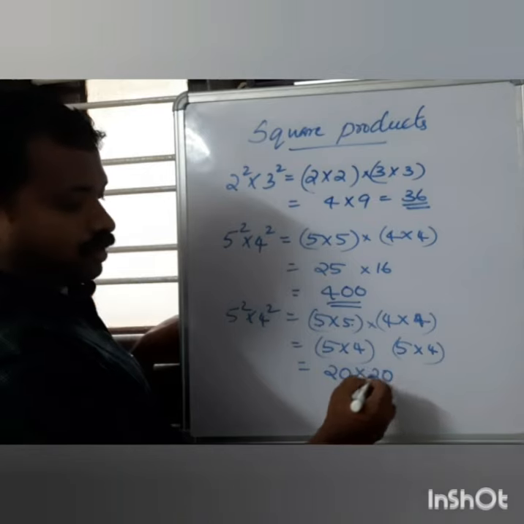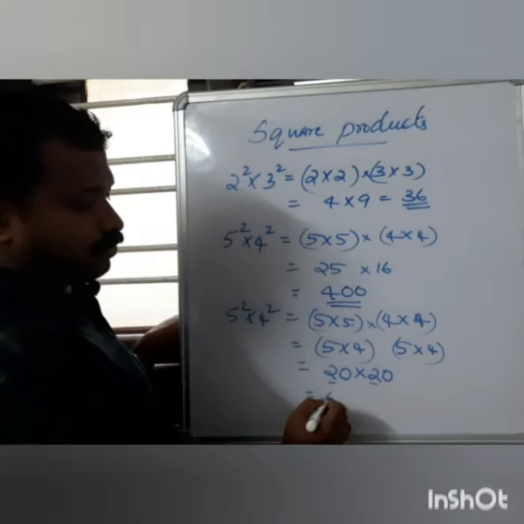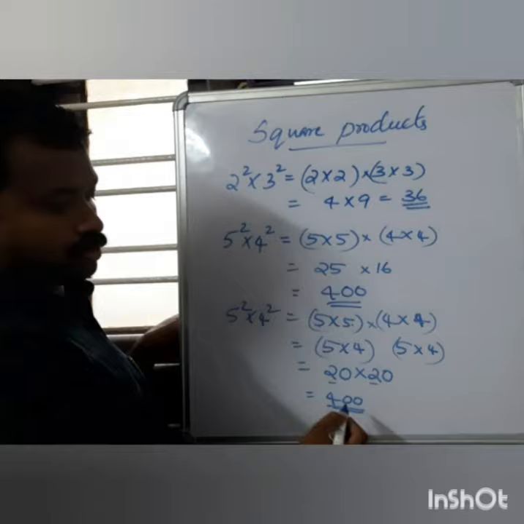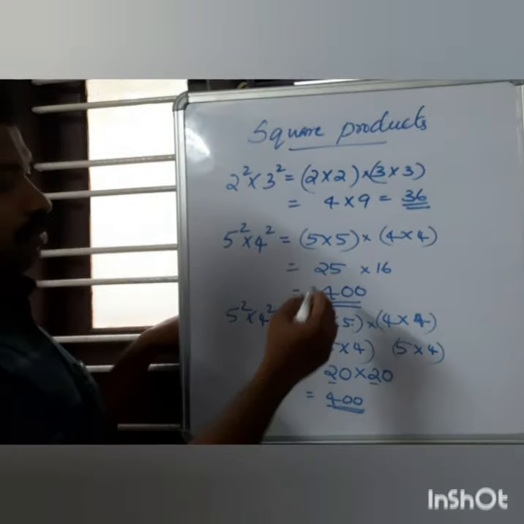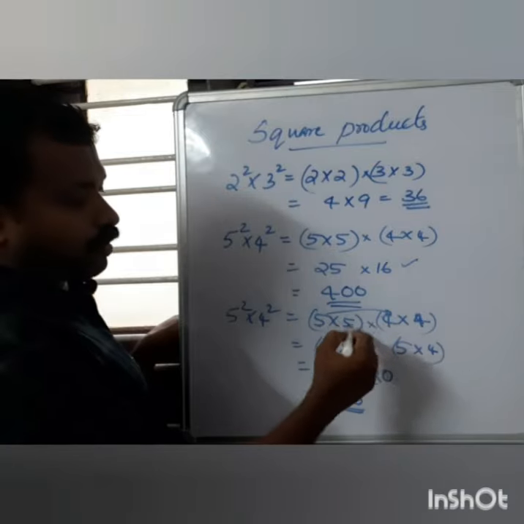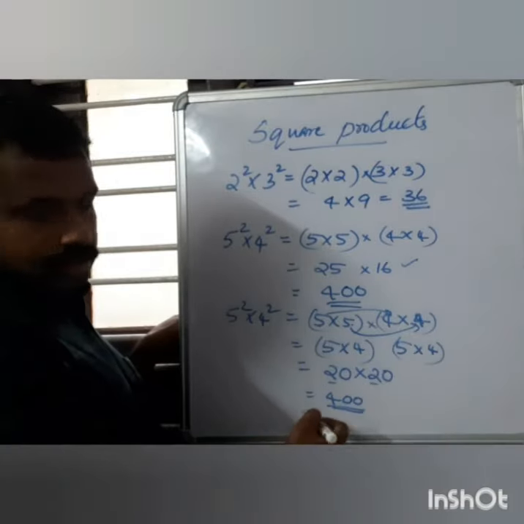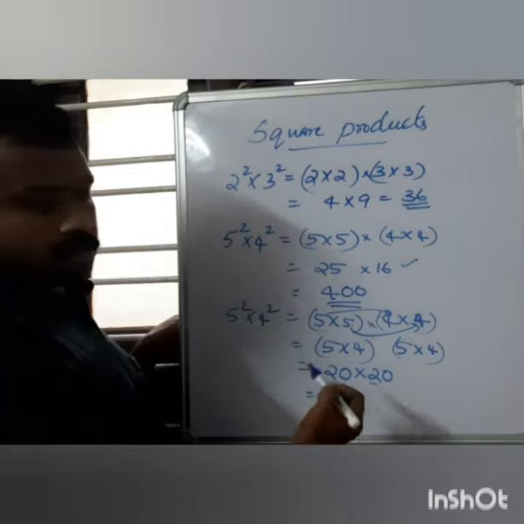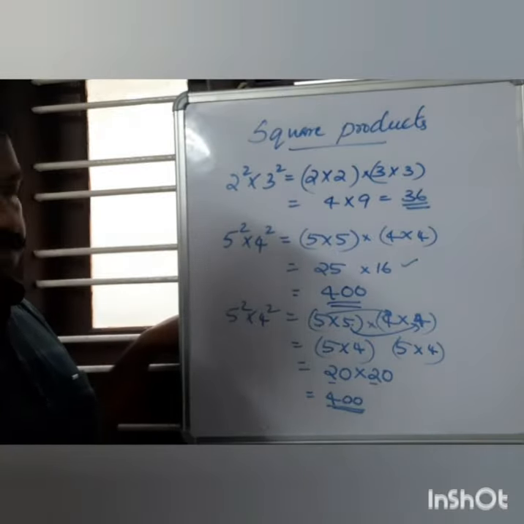Here also 20. And 2 into 2, what is that? 4. You can add 2 zeros. You will get 400. So instead of directly finding, we can use this equation. This 5 into 4 we multiply, then 20 into 20 is 400.